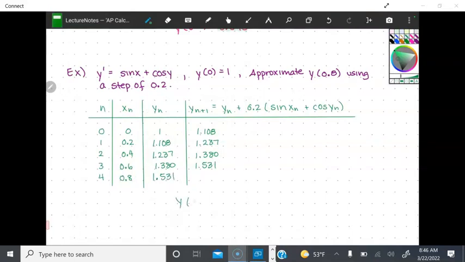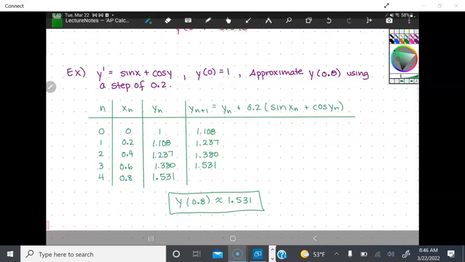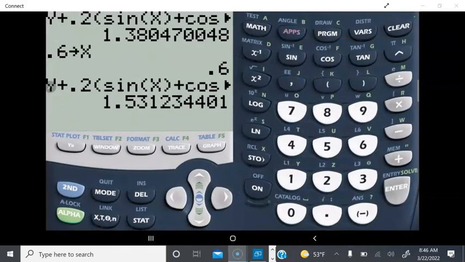So y of 0.8 is approximately 1.531. And I'm going to show you an even better way. We're going to almost automate this. But any questions on what I was doing with the calculator here? Because I'm just going to tweak it a little bit.